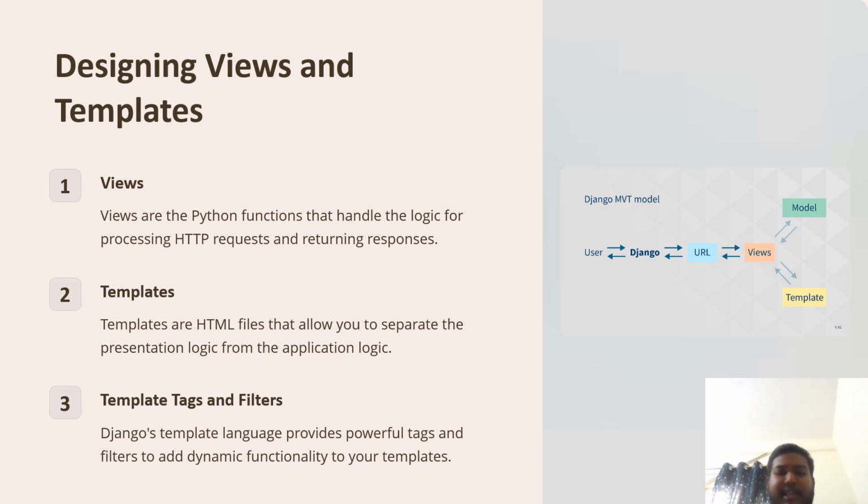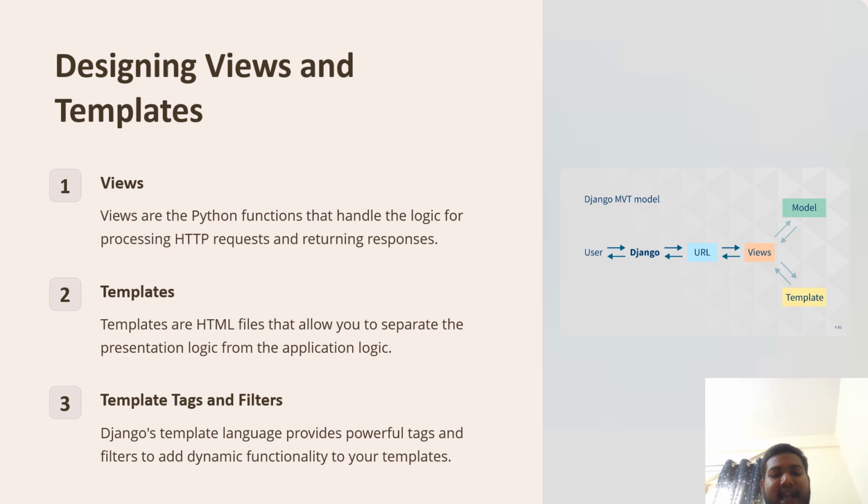First, we'll see about views. Views are Python functions that handle the logic of processing an HTTP request and returning a response. Templates are HTML files that allow you to separate the presentation logic and application logic.